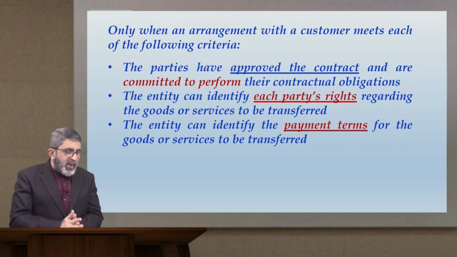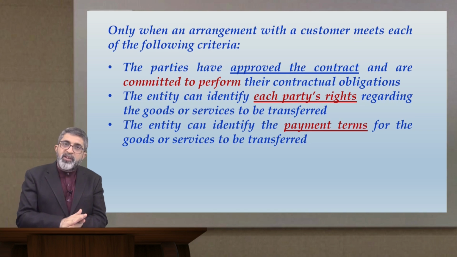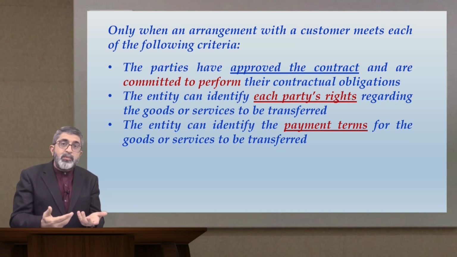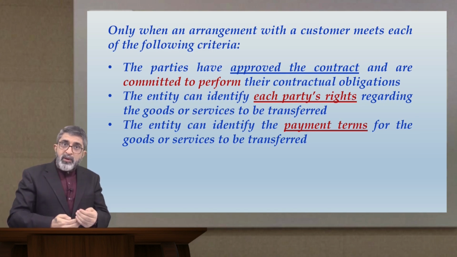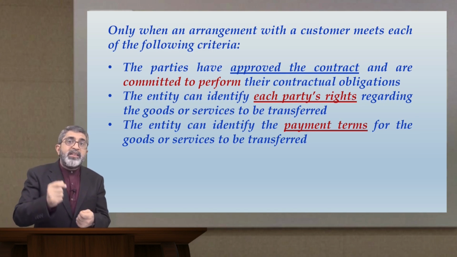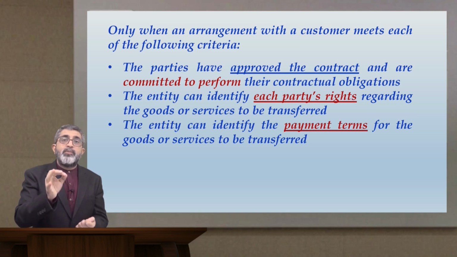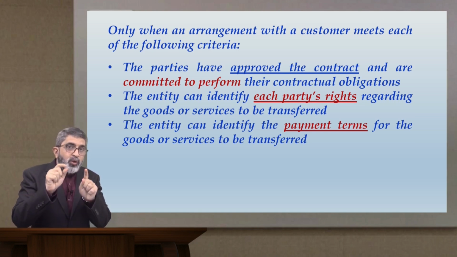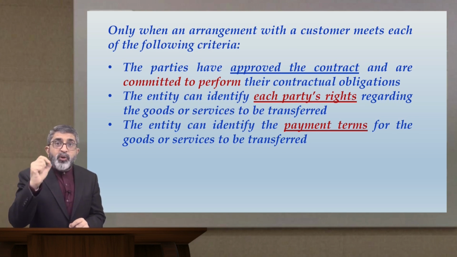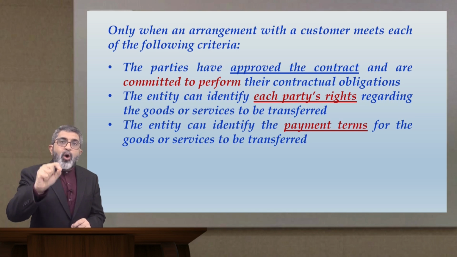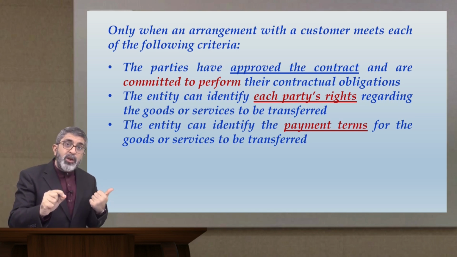The entity can identify the payment terms for the goods or services to be transferred. So what will be the payment terms? Whether the payment has to be made in one shot, whether the payment will be in installments, that also has to be mentioned. Later, when we bring in components like the significant financing component, it will all have a connection with this particular step.